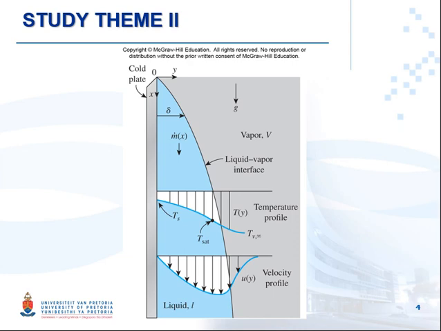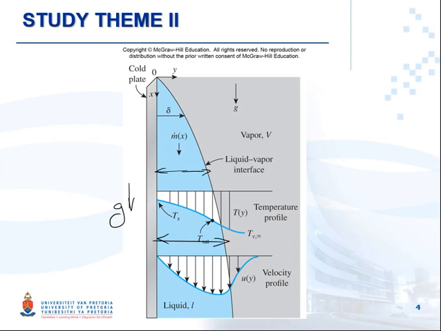So the thickness of the liquid film increases in the flow direction. As you can see, the thickness is increasing in the direction of the film because of gravity, because more vapor condenses on the film and it travels down. This is how condensation normally occurs in practice.